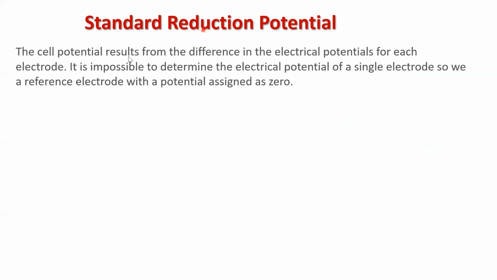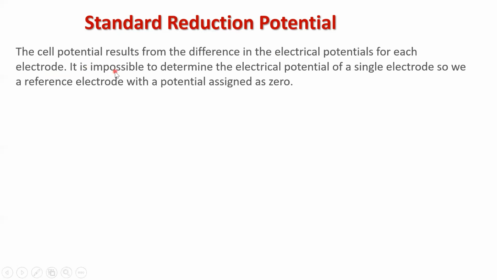All right, now let's look at standard reduction potential values. When we look at the cell potential, it results from the difference in the electrical potentials between the two electrodes, the oxidation and the reduction.